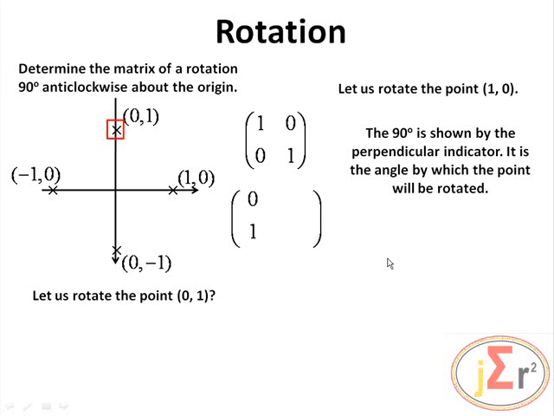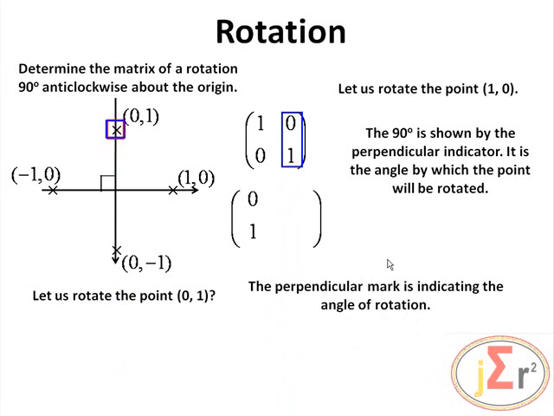Let us rotate the point 0, 1. That's the point 0, 1. It rotates to negative 1, 0. The perpendicular mark, of course, is indicating the angle of rotation right here. So it goes from here, there, as we have seen.